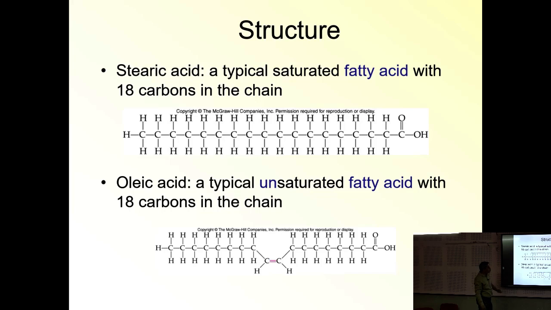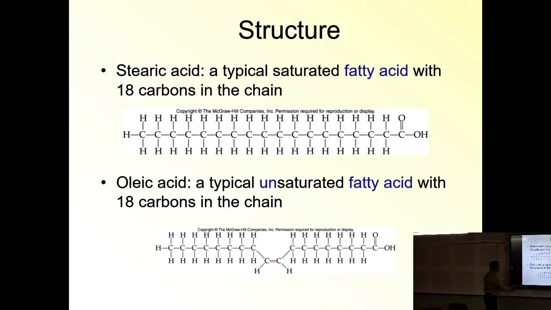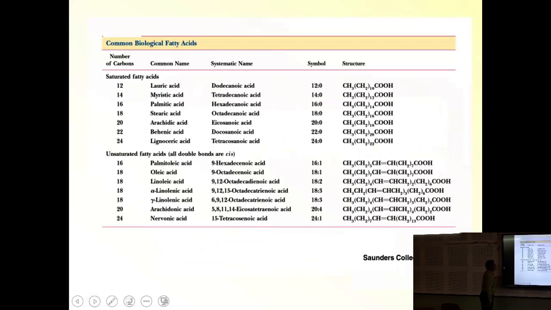Now you have to remember the delta position from this side, for unsaturated fatty acids, C double bond C. 1, 2, 3, 4, 5, 6, 7, 8, 9. At the delta 9 position you will find this. So oleic acid is a MUFA.